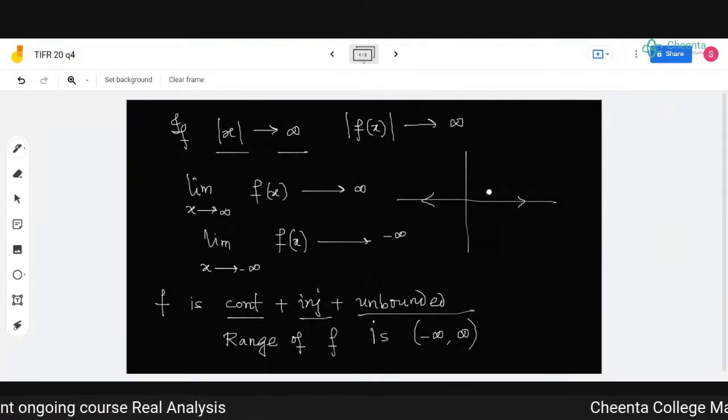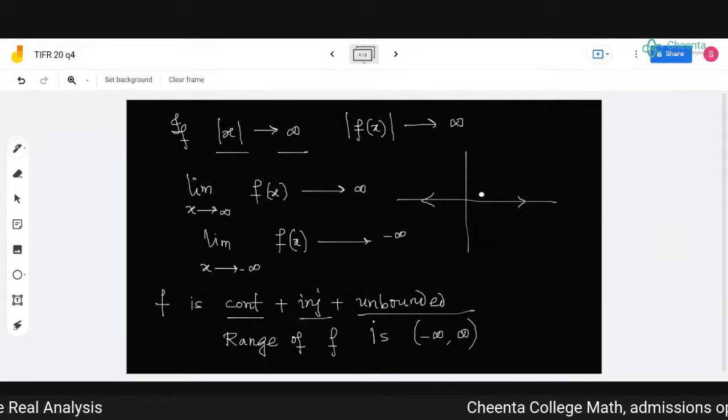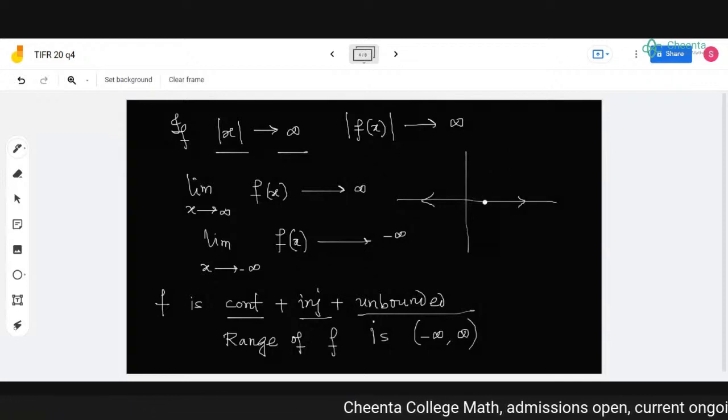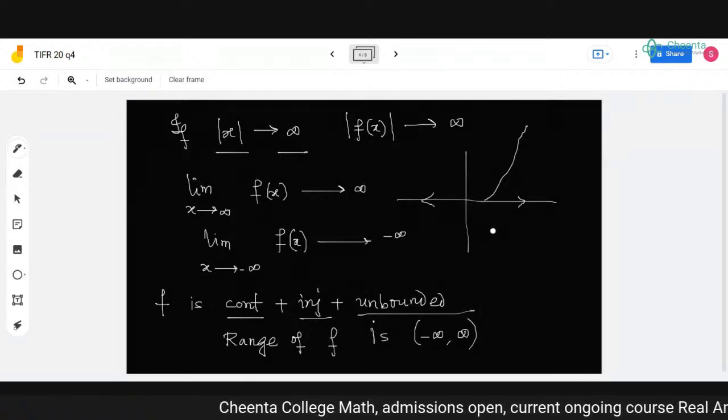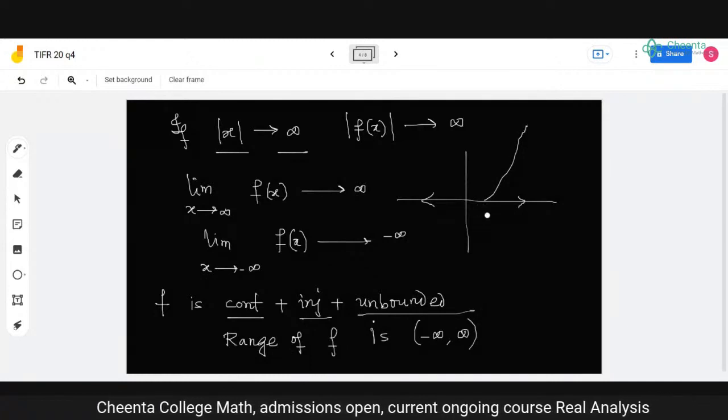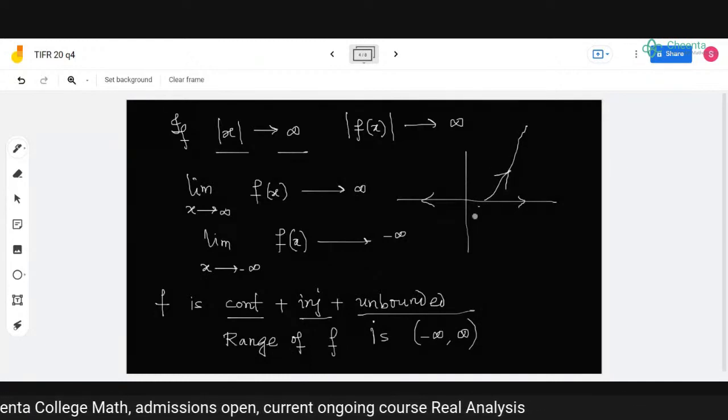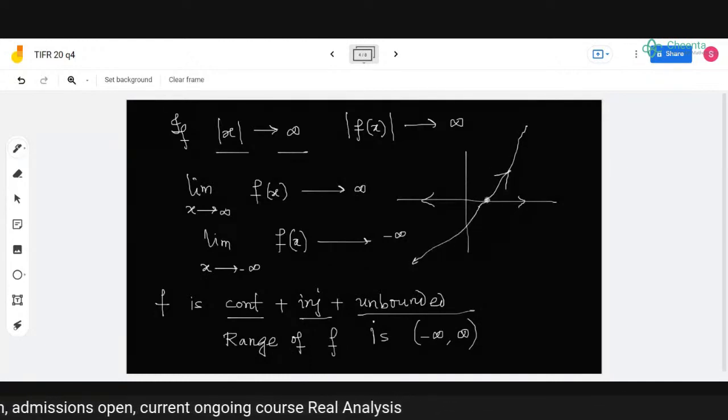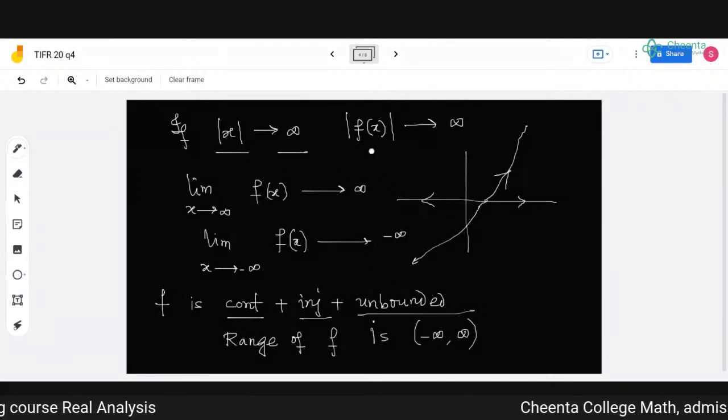As x tends to infinity, the function shoots to infinity like this, and as x tends to minus infinity, the function goes to minus infinity like this. So hence there is surjectivity as well.